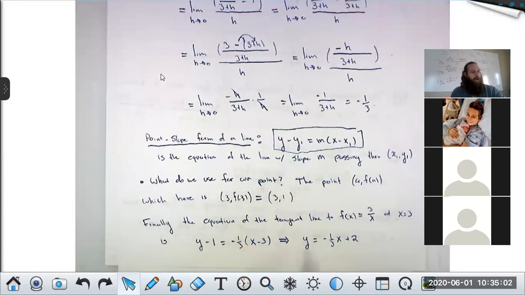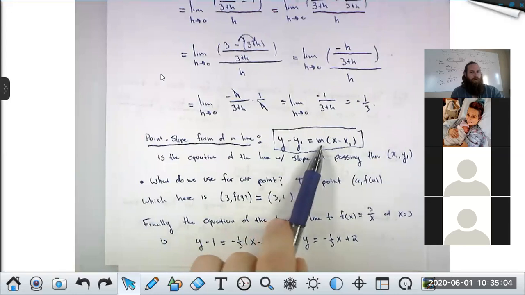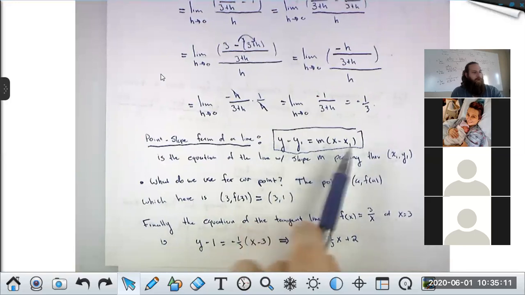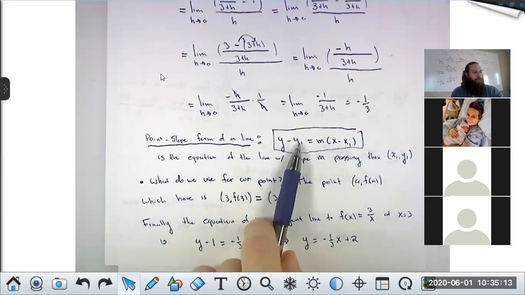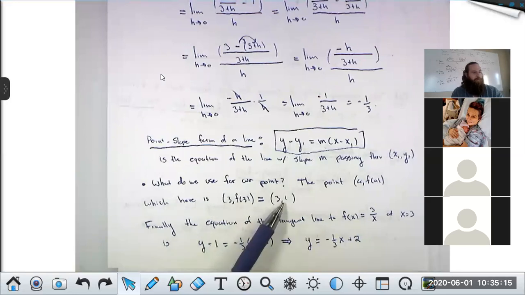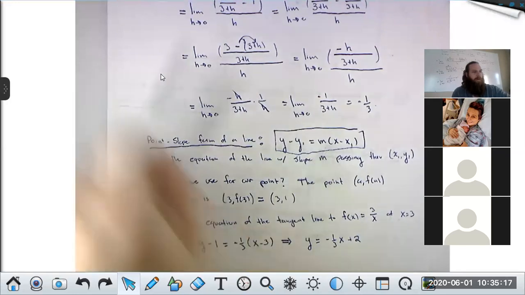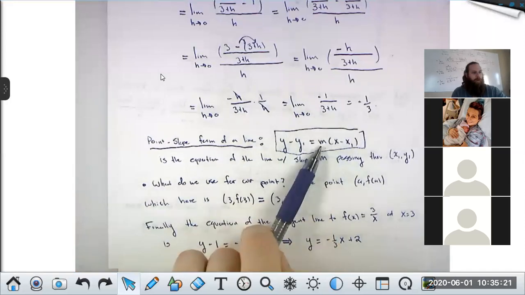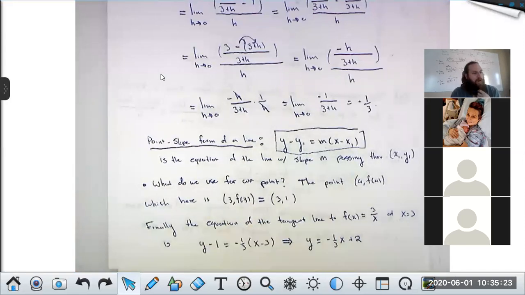So I plug in my slope for m, and then I plug in for x1 and y1, my point. So x1 and y1 came from this point 3, 1, and my slope m came from this big limit calculation. So for m, I plug in negative 1. Right, but how did you find, I'm sorry, say that again?